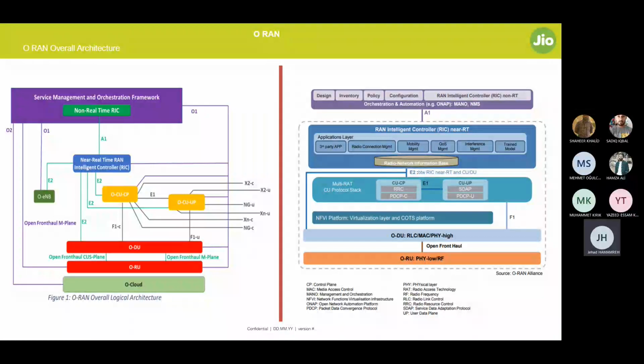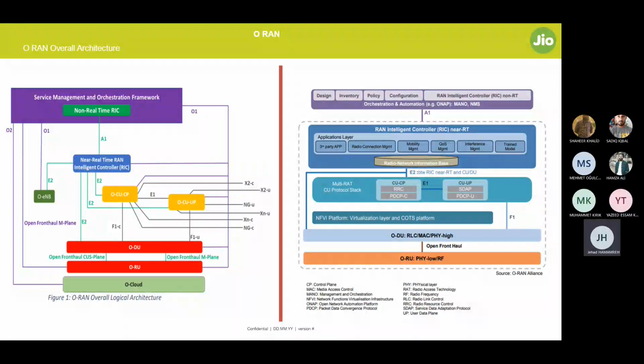This is the radio remote unit that I showed you in the previous tutorial. It consists of a DAC and ADC and some physical low layer functionalities like IFFT and FFT, filtering and so on.